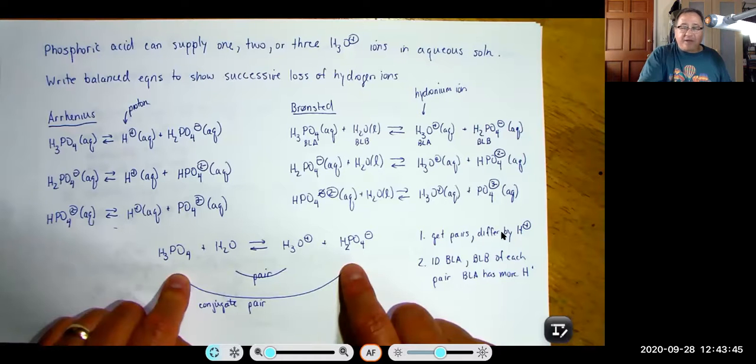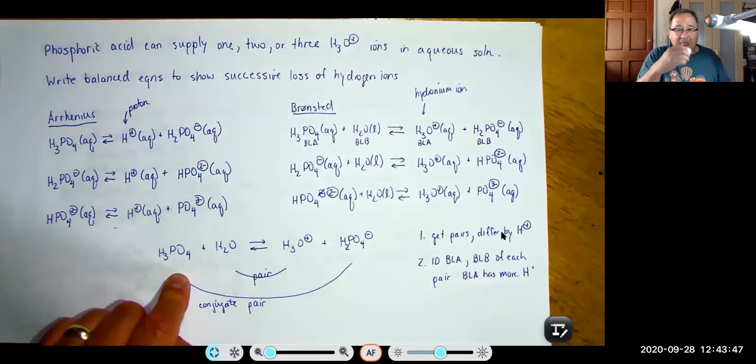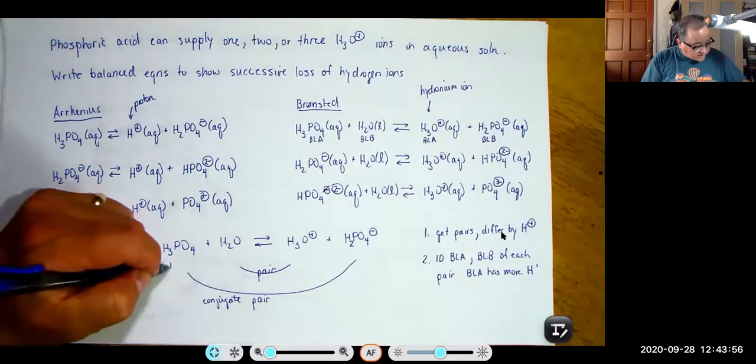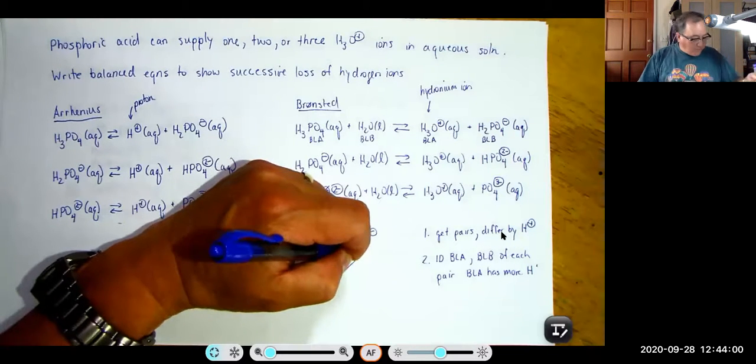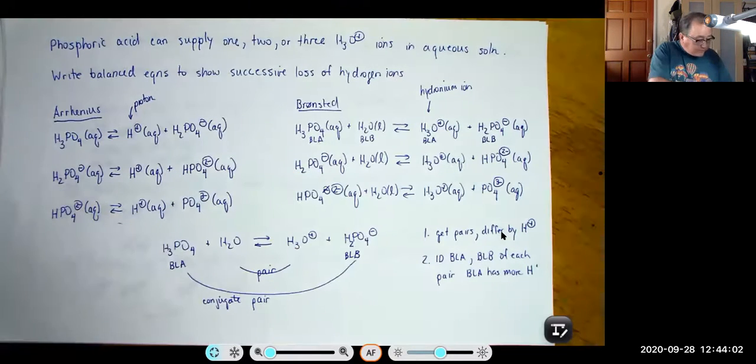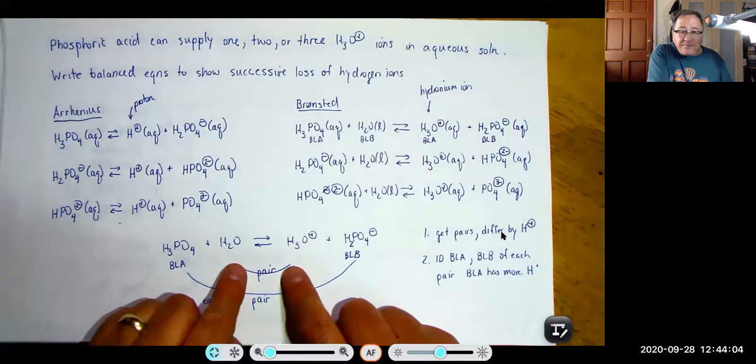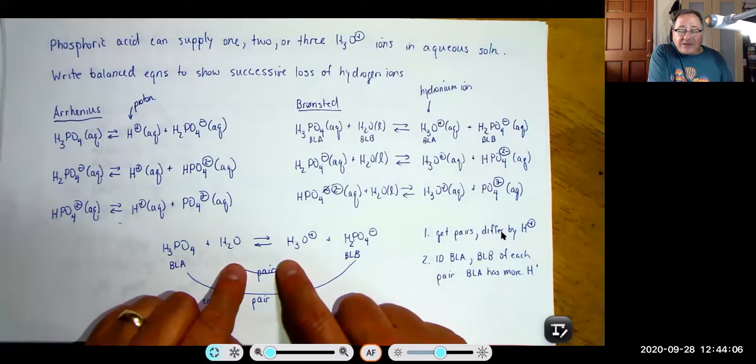You guys aren't used to picking go slower and go faster. Correct. This is the Bronsted-Lowry acid, and this is the Bronsted-Lowry base. Now, let's look at these two. Which one is the Bronsted-Lowry acid? If you think it's the left one, put go slower.